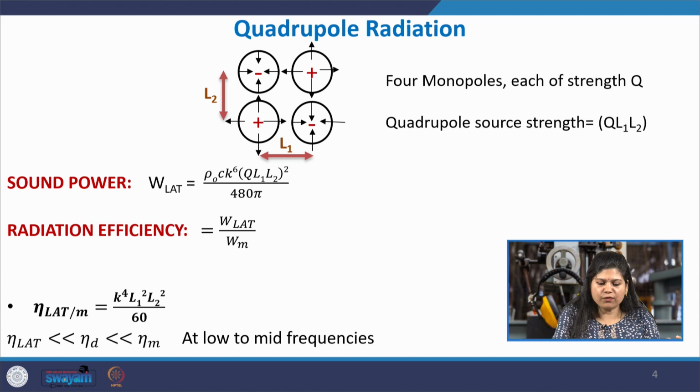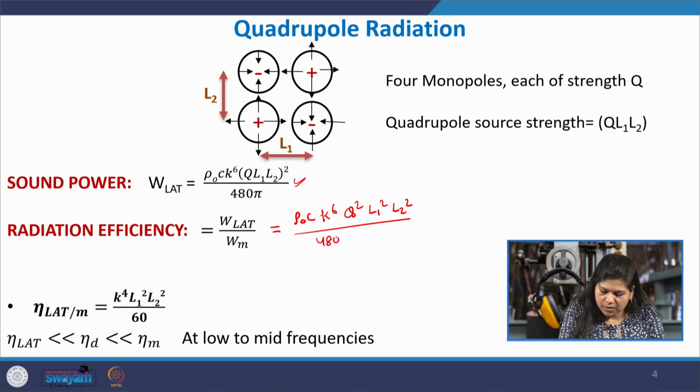So, the sound power of the quadrupole is given by this equation. Let us find the radiation efficiency of this lateral quadrupole with respect to a monopole. So, this should be rho naught C k to the power 6, and the Wm, as found in the last class, is rho naught C k square q square by 8 pi.